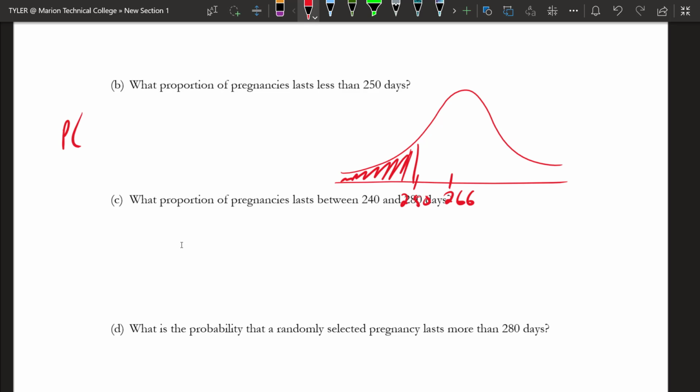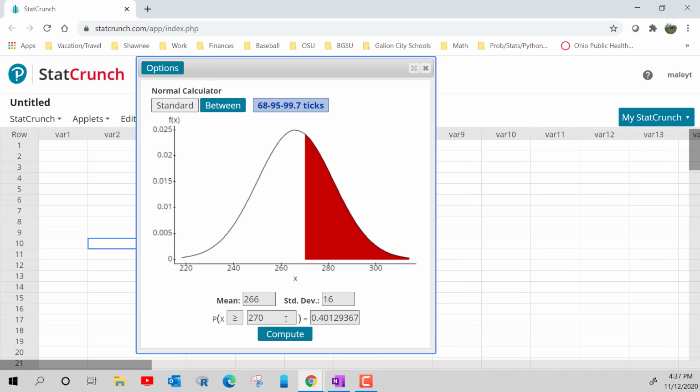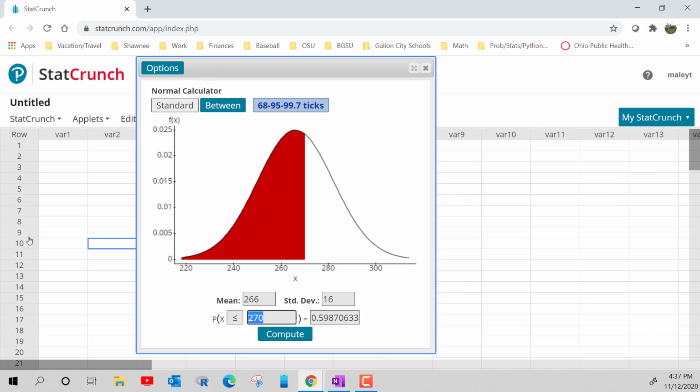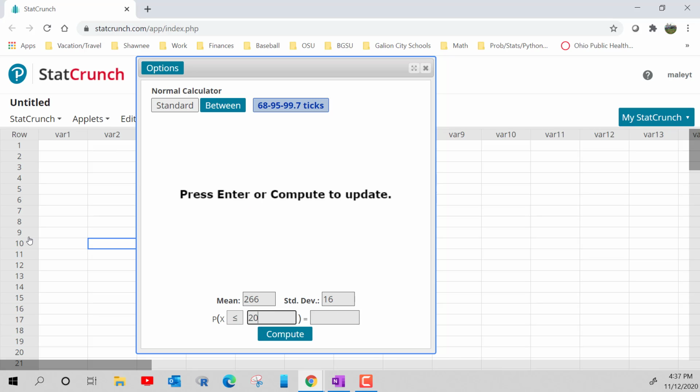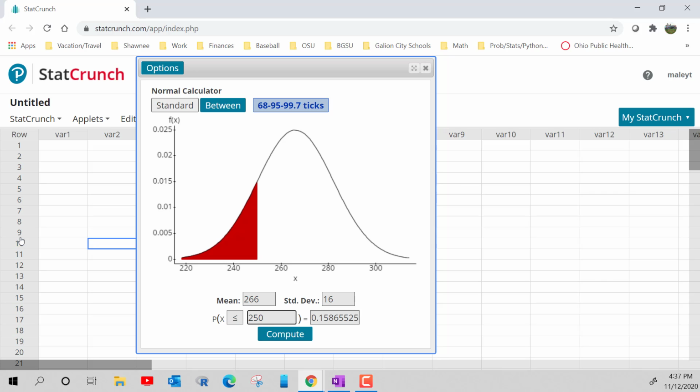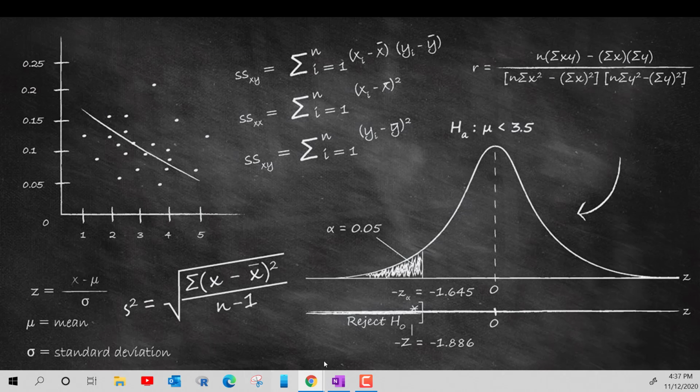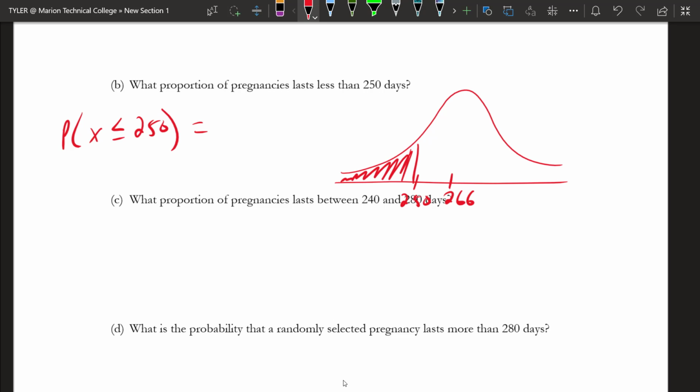So the probability that x is less than or equal to 250 we can find using Statcrunch. We want 250. Right, we get that value. So rounding to 4 decimal places, it's 0.1587. Right?